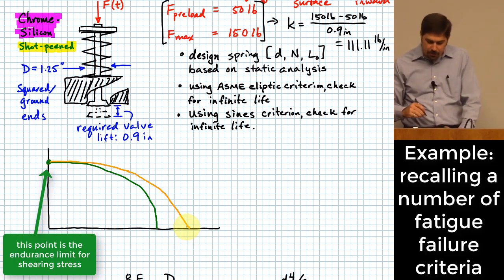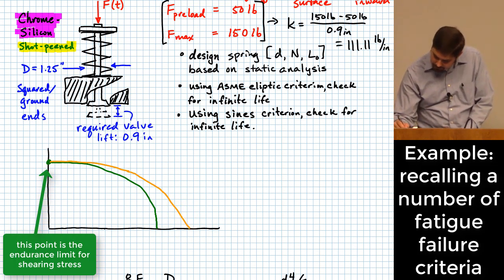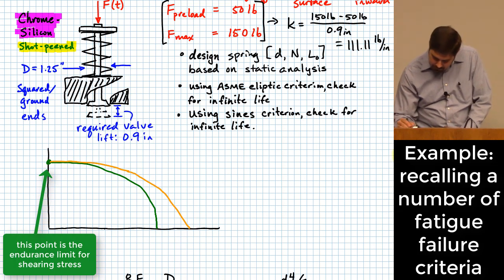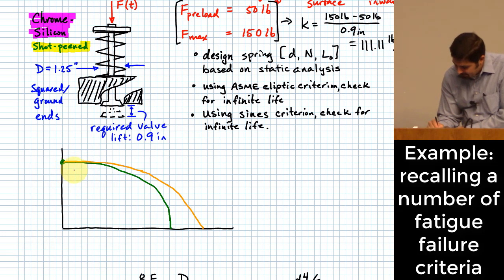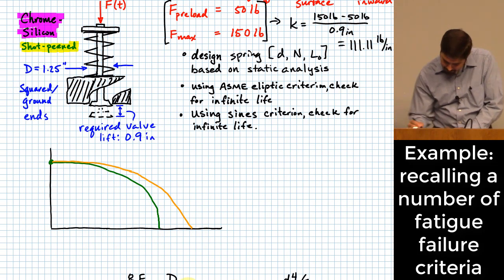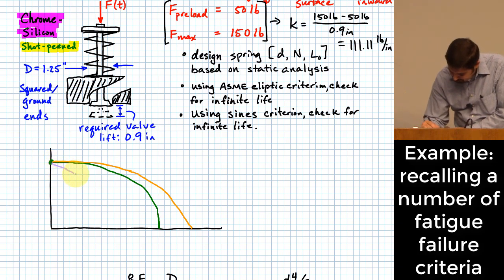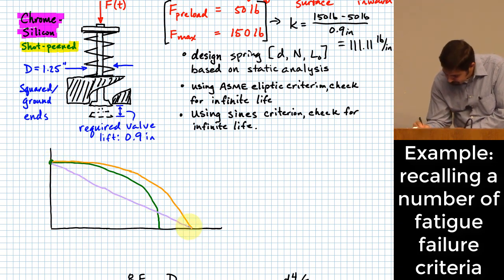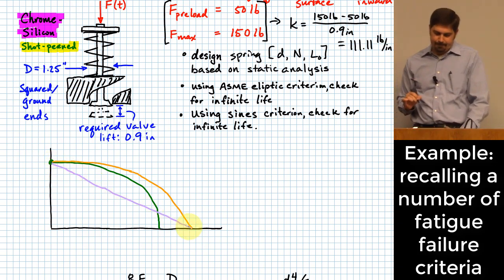Or how's Goodman shaped? Goodman would have been a straight line from this point down to that point, okay?